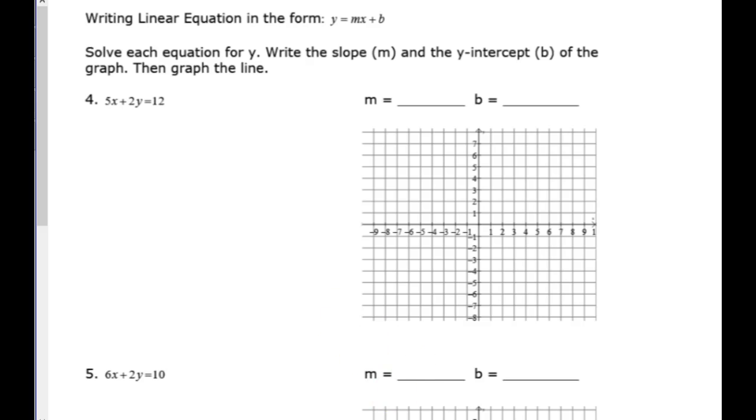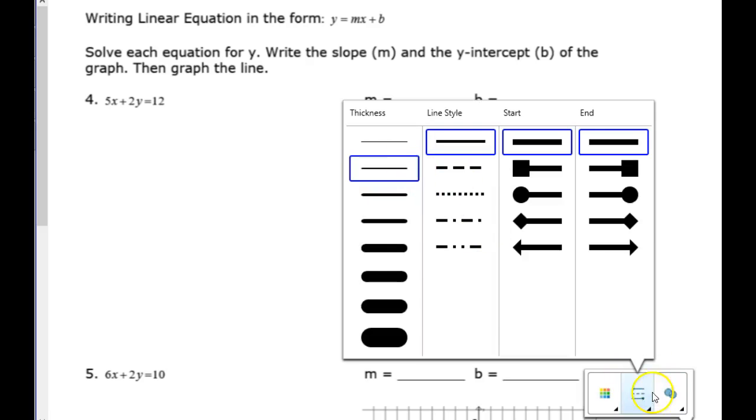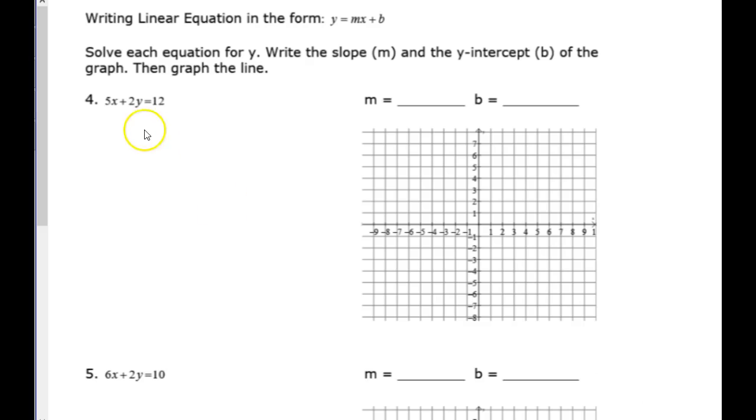So our first step is always to move the x, right? Minus 5x, minus 5x. Put this in front. So we bring down 2y equals negative 5x plus 12.